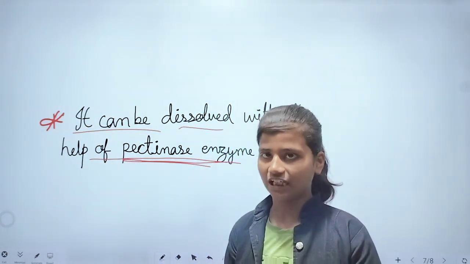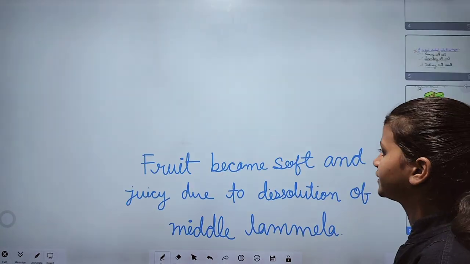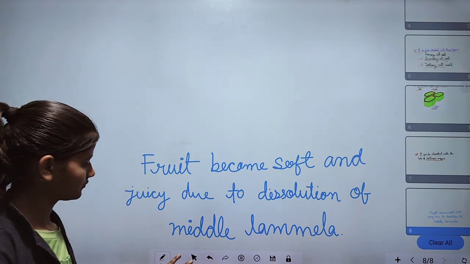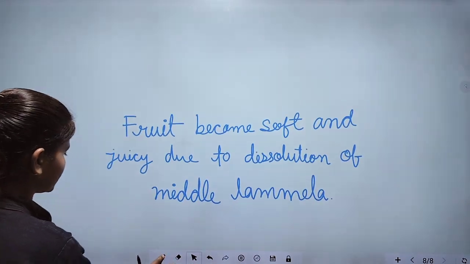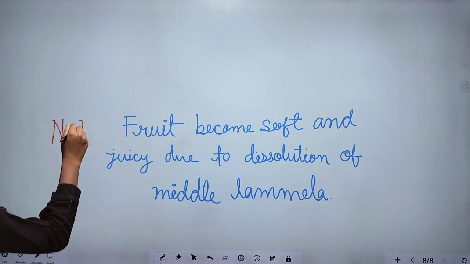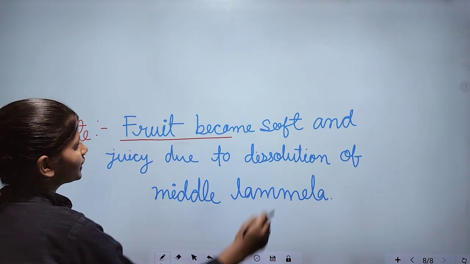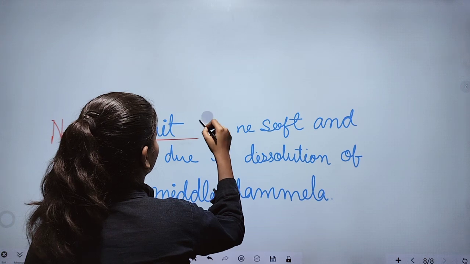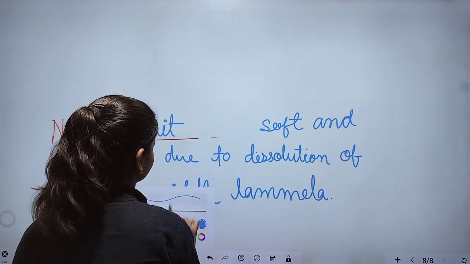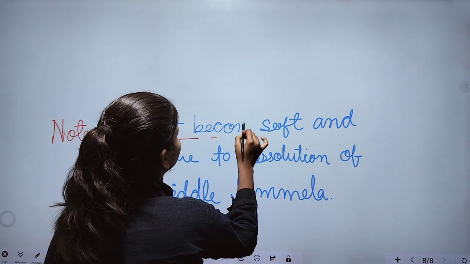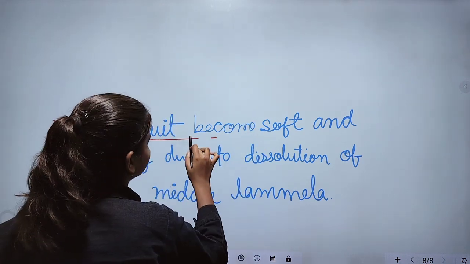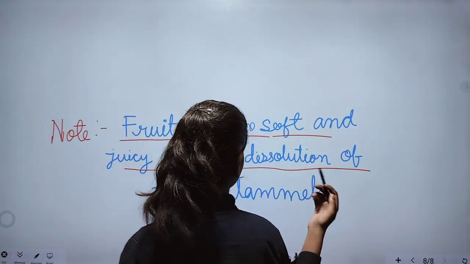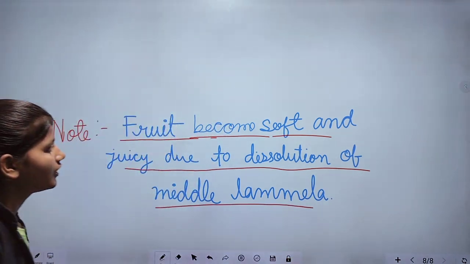Pectinase is a type of enzyme that helps to dissolve it. Fruit becomes soft and juicy due to dissolution of the middle lamella.